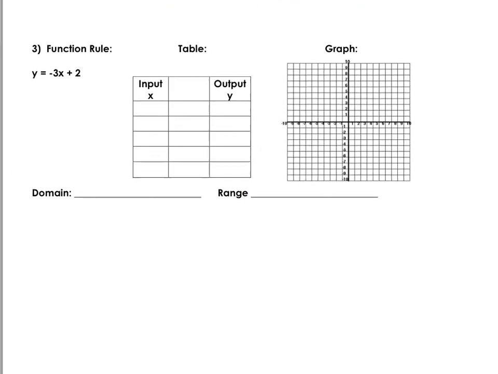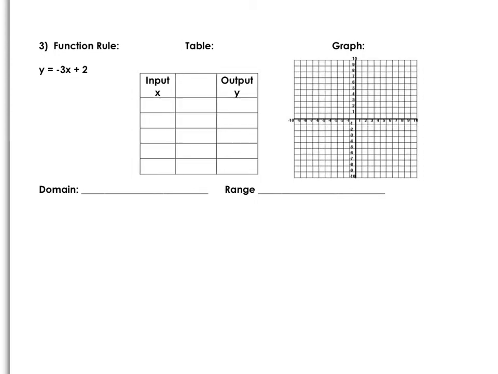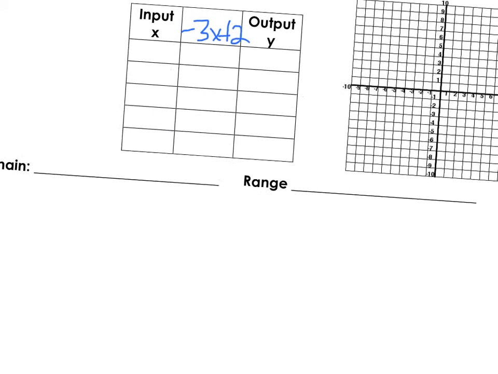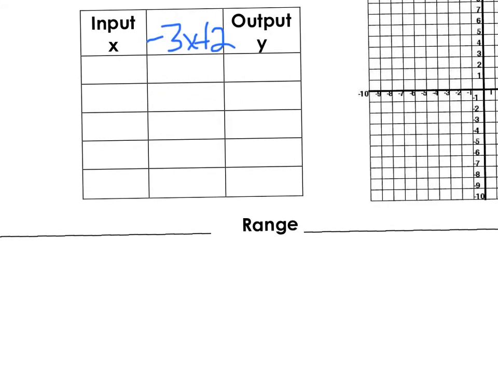The next function rule is -3x plus 2. So we've got two operations to do for this one. So we'll write in our rule. I'm actually going to make it a little bit bigger so I can do that. I'll do the table first, make sure we have plenty of room.